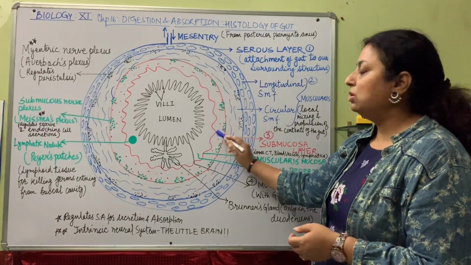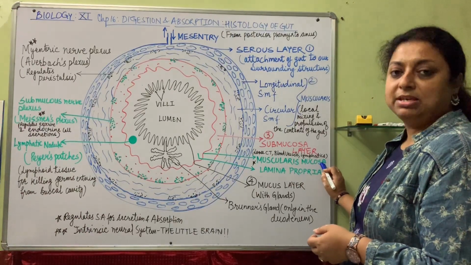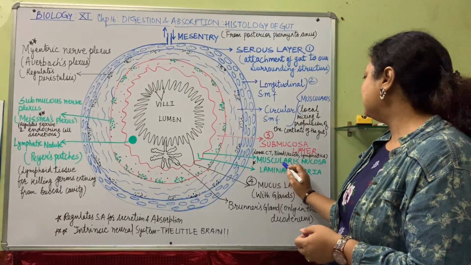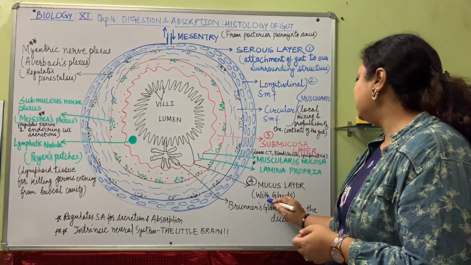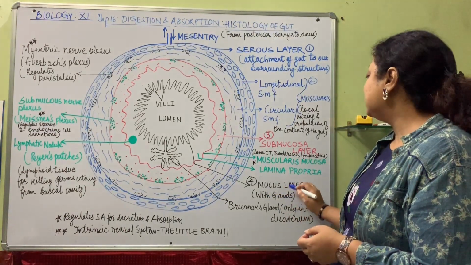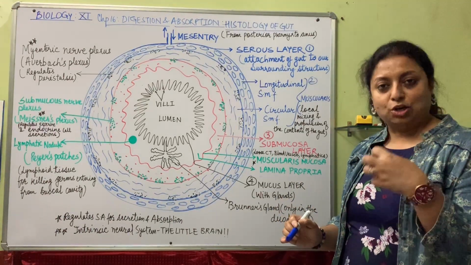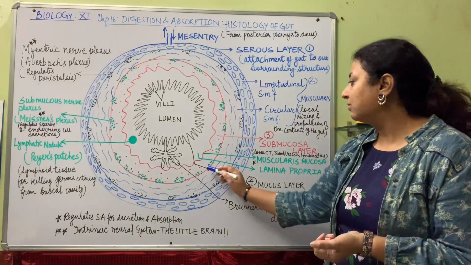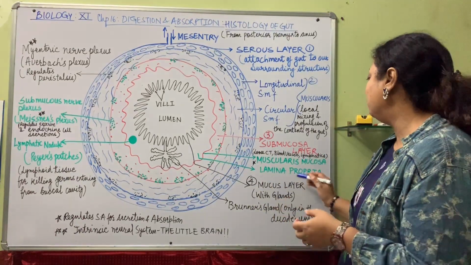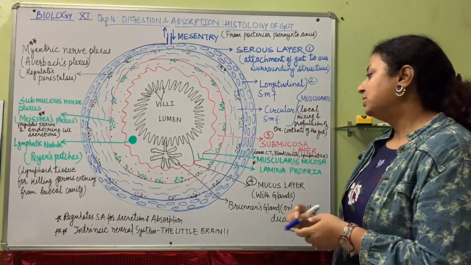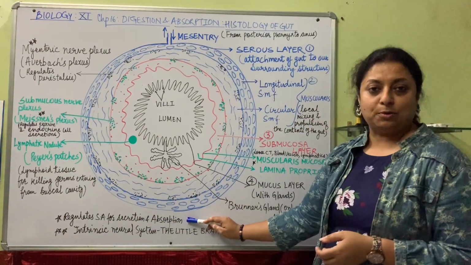Now immediately below the submucosa, the boundary of the muscularis mucosa begins, and we will see that the mucous layer is with glands. This muscularis mucosa ensures the secretions and absorptions of these glands, their opening and closing. I have written here, it regulates the surface area for secretions and absorption.